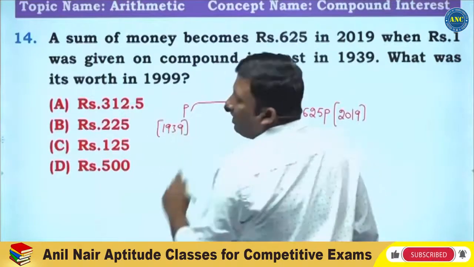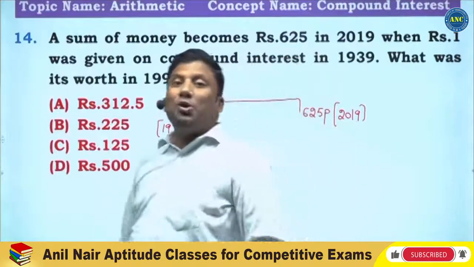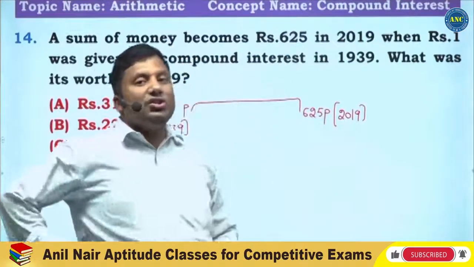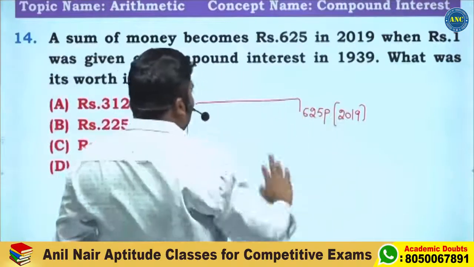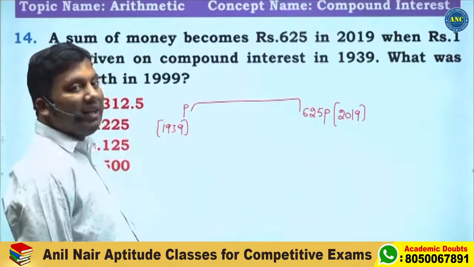Principal is 1 rupee. That 1 rupee became 625 rupees. After how many years? 1939 to 2019, it is 80 years.